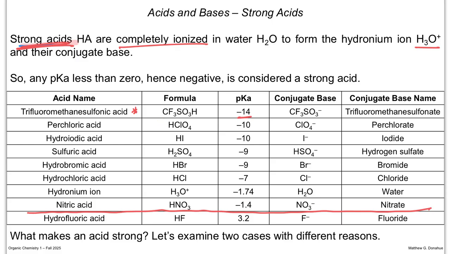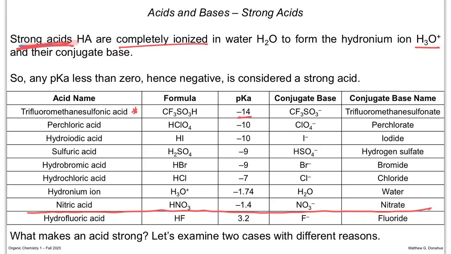So perchloric, hydroiodic, sulfuric, hydrobromic, hydrochloric, hydronium, nitric. There's no CH functional groups below 0. So that means they're all down here off the slide onto the whiteboard there.